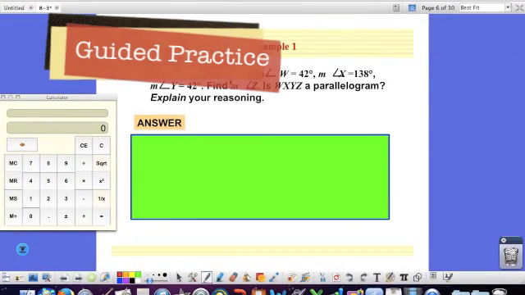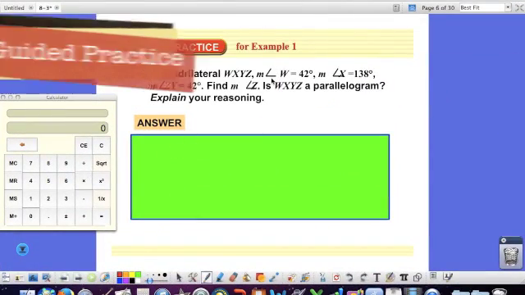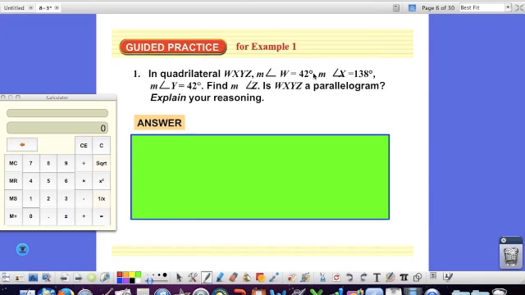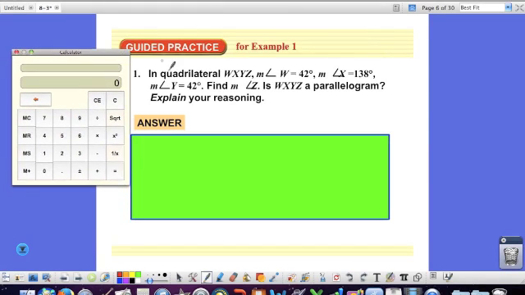In quadrilateral WXYZ, the measure of angle W is 42, X is 138, Y is 42. They want us to find Z. Is WXYZ a parallelogram? Well, we can kind of tell already.